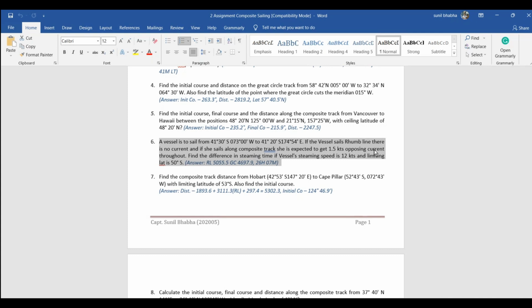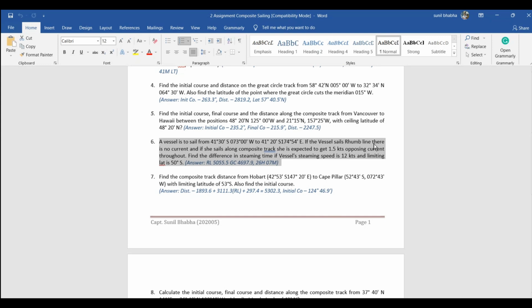Can we use plain sailing also? No sir, up to 600 miles. Very good, beta. Distance is longer. So we cannot use plain sailing in this case because the distance is greater than 600 miles. The rhumb line distance is coming as 5000 plus miles. So plain sailing is applicable only for distances less than 600.